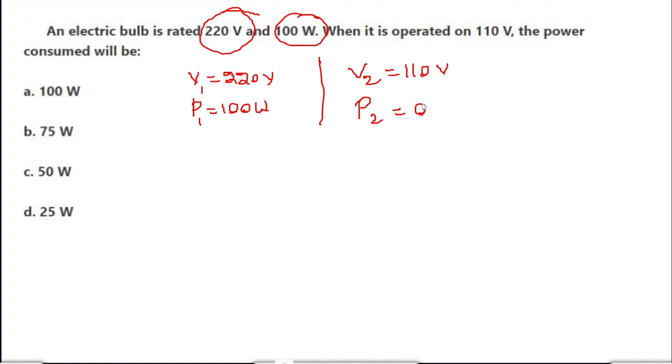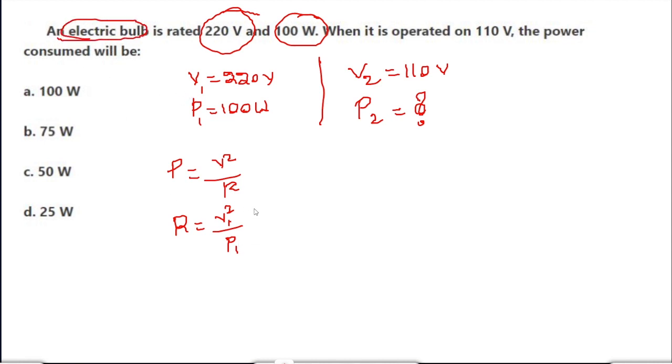But we have a relation, right? What is the relation between P and V? So simply P is equal to V square by R, right? So here R is equal to V square by P, isn't it? So let's just consider R is R. It is for the same device, right? We have only considered one device.